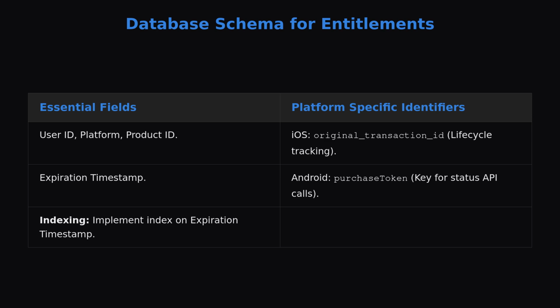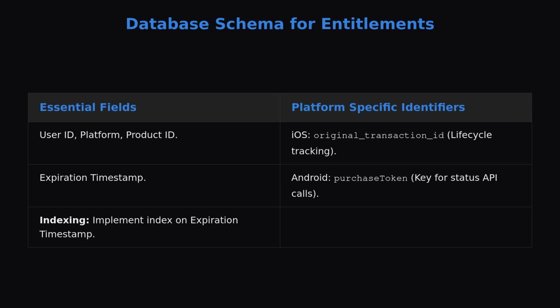Essential fields include the platform identifier, either iOS or Android, the specific subscription product identifier, the definitive expiration timestamp, and the unique transaction identifier. For iOS, store the original transaction identifier to accurately track the subscription lifecycle across all renewals and upgrades.